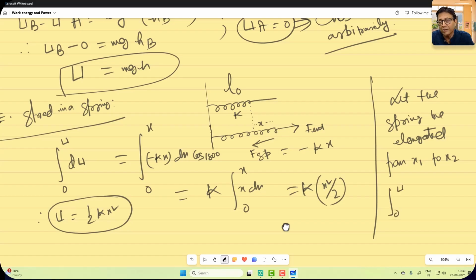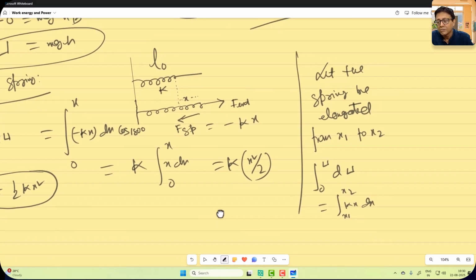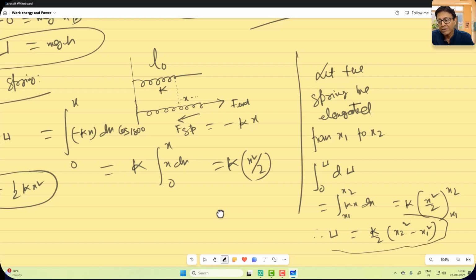Then integration of dU will be integration from x1 to x2 of kx dx. So k will be outside. So U will be k by 2 into x2 square minus x1 square. Am I correct?